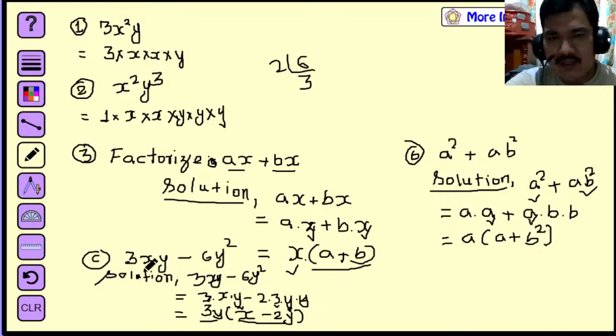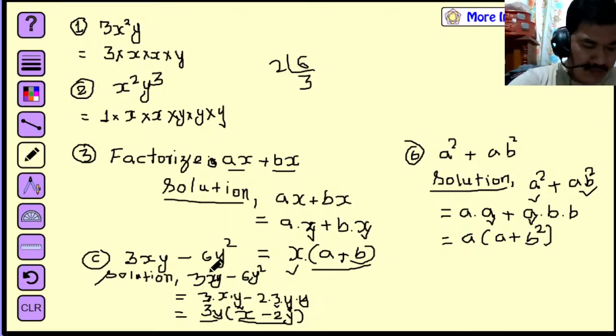Like this, we factorize the given algebraic expression which has two terms. First of all, do like this. Clear? I hope you are clear about the factorization.